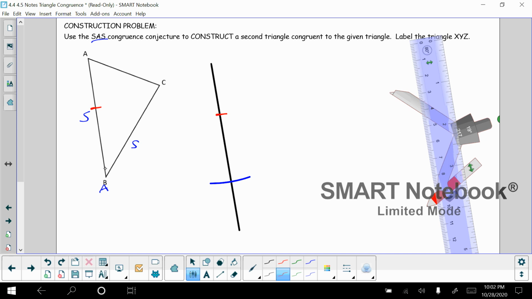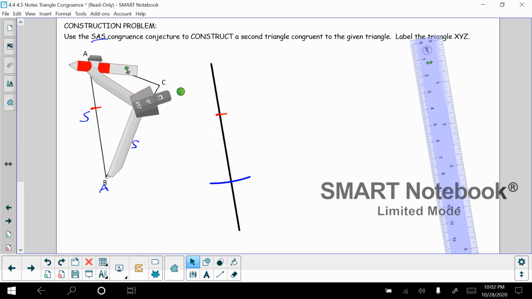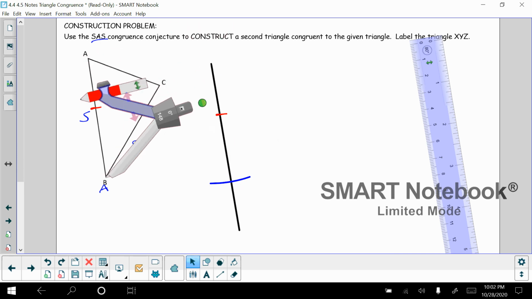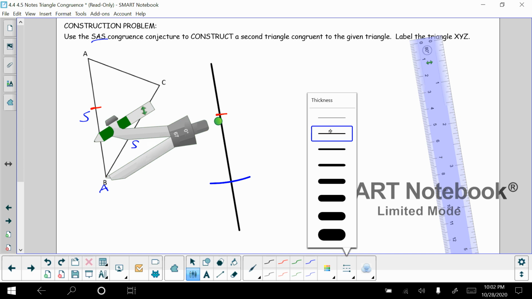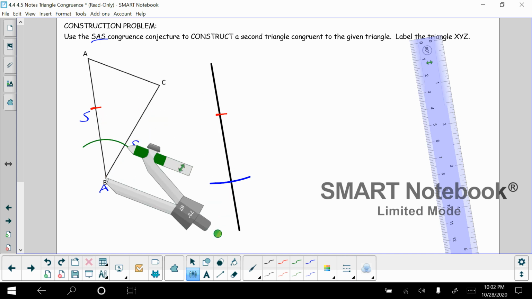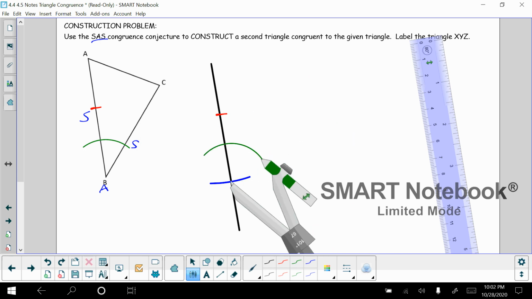Now I want to copy this angle down here. Okay, so I'm going to come over here. You know how to copy an angle. I'm going to place my compass over here, and I'm going to copy this angle here. So my first step is to make an arc on the angle. Make that same arc over here of where I want to copy the angle at.